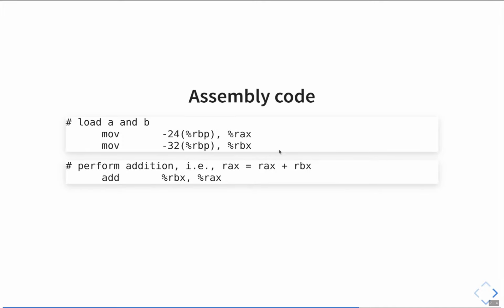Then we're actually performing the addition, so we're saying RAX equals RAX plus RBX. So this is like saying a equals a plus b. And then we're moving the value in the RAX register back into the memory address where x is stored. So x is negative 16 offset from the stack frame. So we're moving RAX into that location of memory. So this is like saying x is equal to a plus b, essentially.